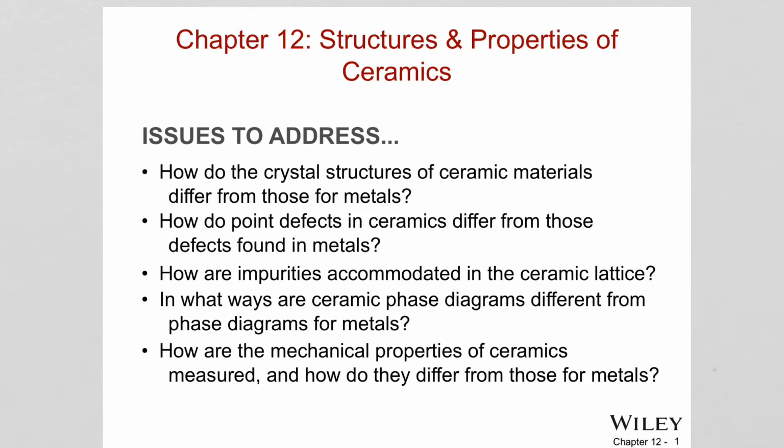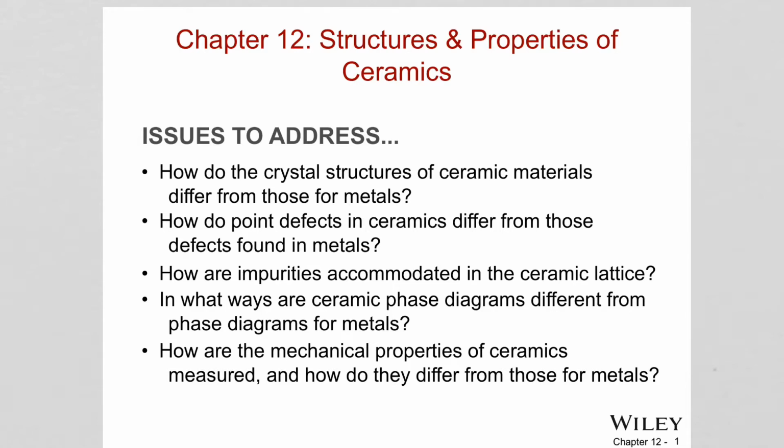Alright, so in this chapter we're gonna learn about ceramic materials and how the structure of ceramic materials is different than metallic materials, and what type of defects exist in ceramic materials and how they are different compared to metals, and what are the impurities that we observe in a ceramic crystal structure.